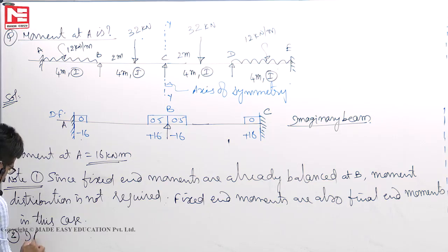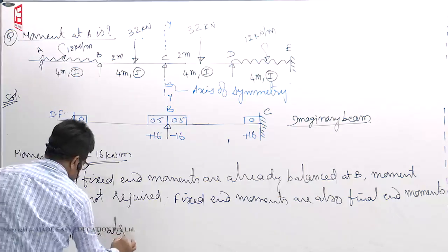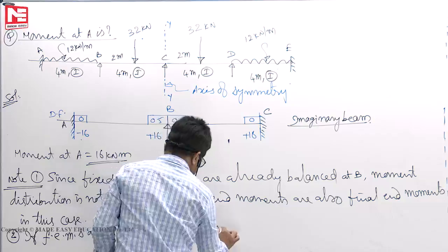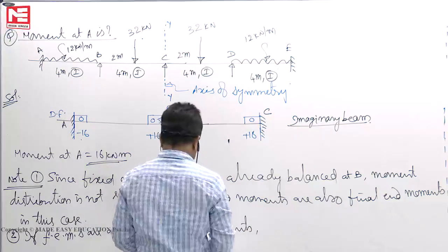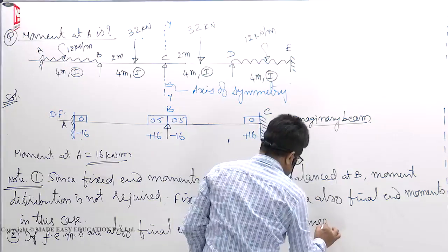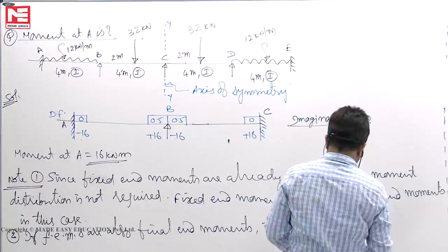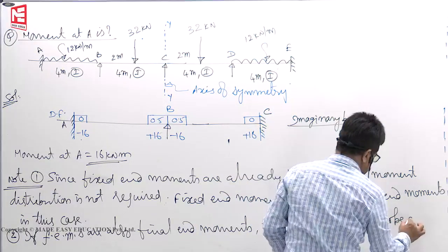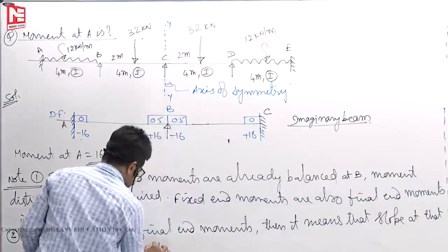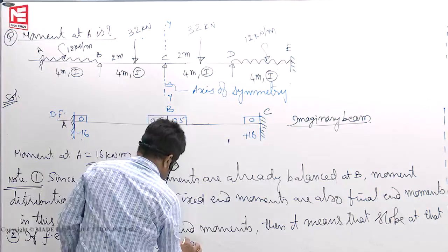If fixed end moments are also final end moments, then it means that the slope at that joint is also 0.